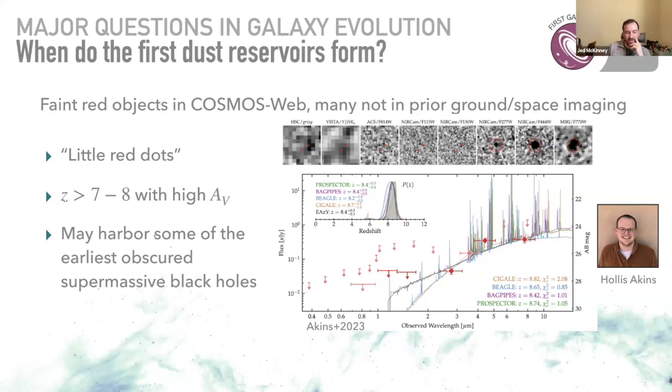It's been really difficult to detect them in the far infrared or submillimeter with ALMA, because they're not ULIRGs, they're sub-LIRG, but there's still evidence for substantial obscuration in the red near-infrared SEDs. So certainly some of these are harboring growing black holes.